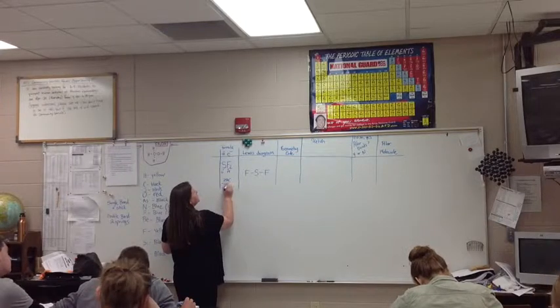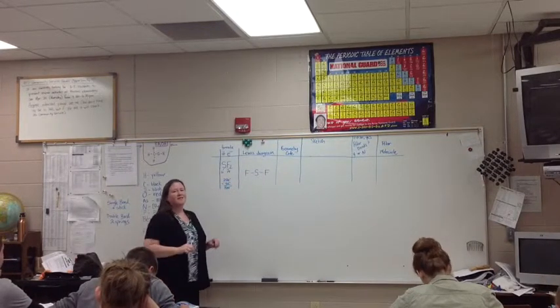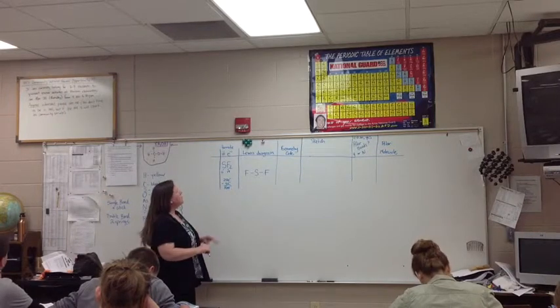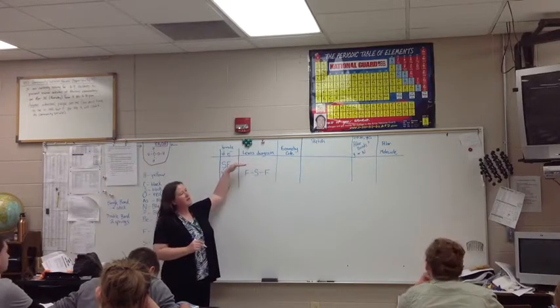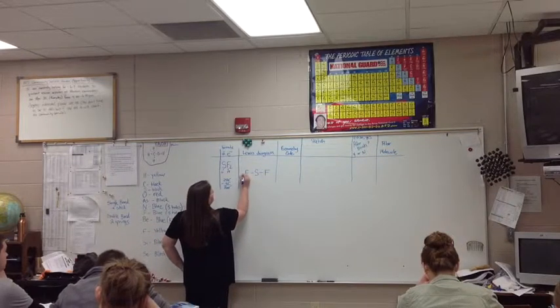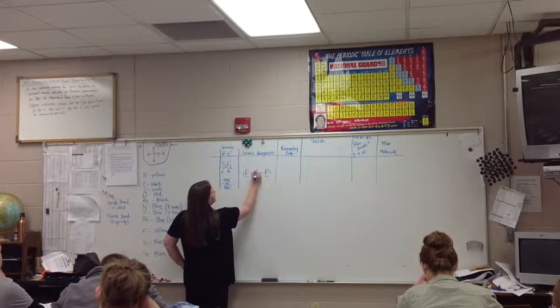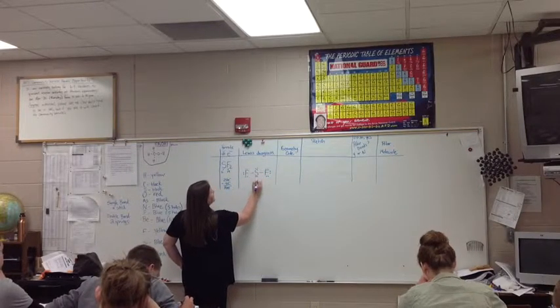I have just used up 4 electrons, which gives me 16 electrons left to distribute around this molecule in electron pairs. 1, 2, 3, 4, 5, 6, 7, 8, 9, 10, 11, 12, 13, 14, 15, 16.